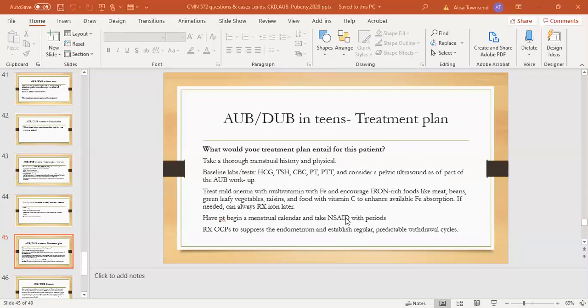Can ask them to quantify how many pads or tampons they saturate. That's an excellent point. Janice, you're exactly right. Trying to get them to nail down the exam on her, yes. Does anything seem okay?